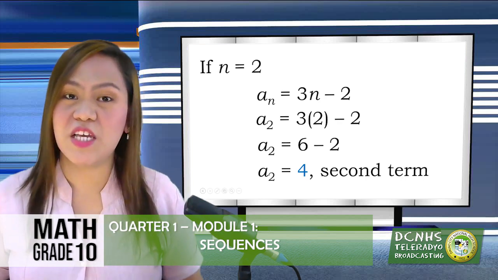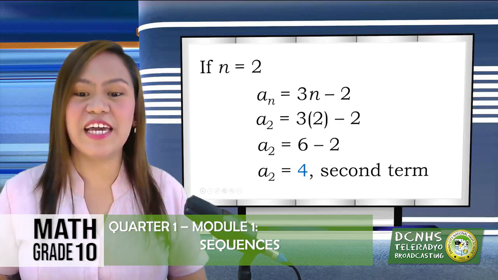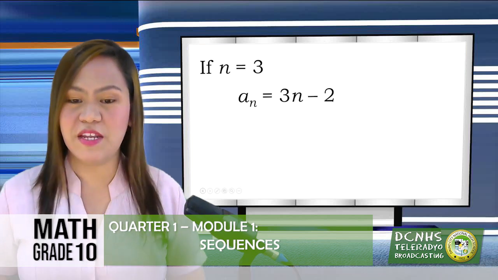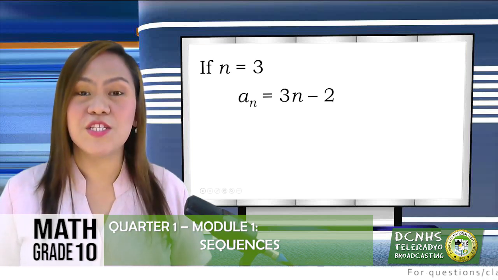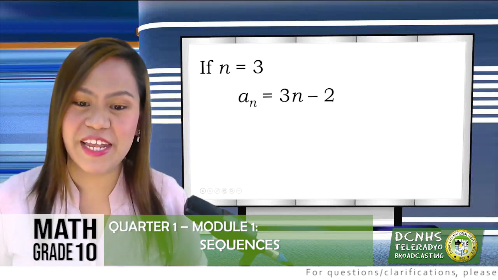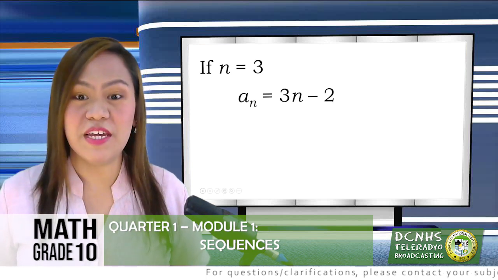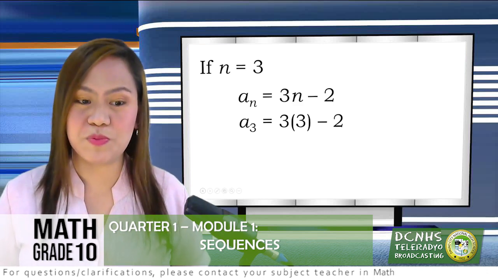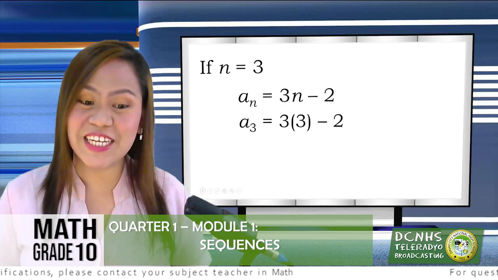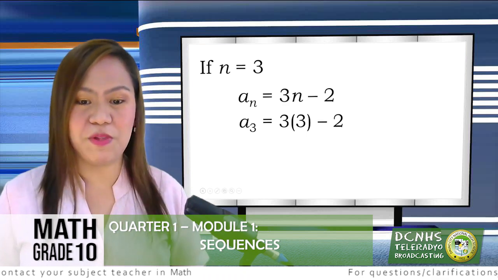And if n is equal to 3, we write again the given formula, a sub n is equal to 3n minus 2. Then, substitute the value of n. A sub 3 is equal to 3 times 3 minus 2. Perform the indicated operation and simplify.